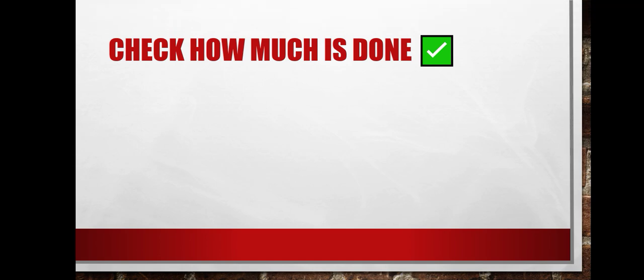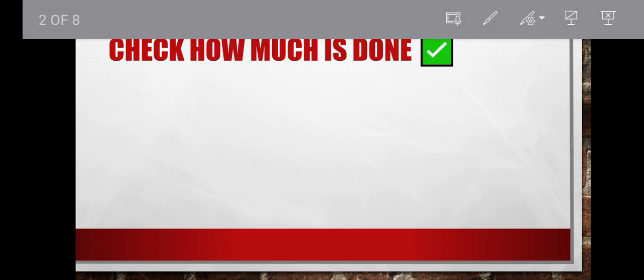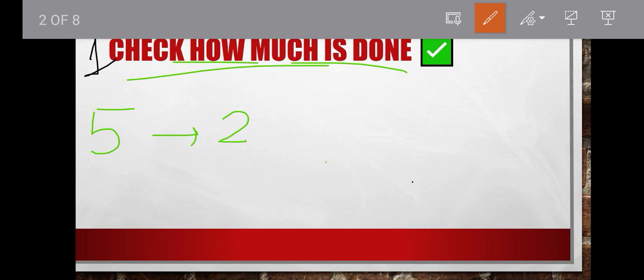So first step number 1, check how much you have done till the date. For example, you have 5 chapters of geography, or history. You have done 2 chapters and you are doing the 3rd chapter now.